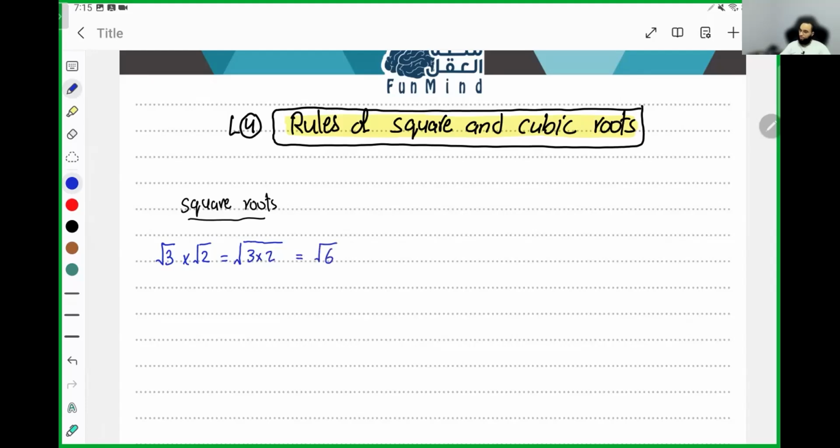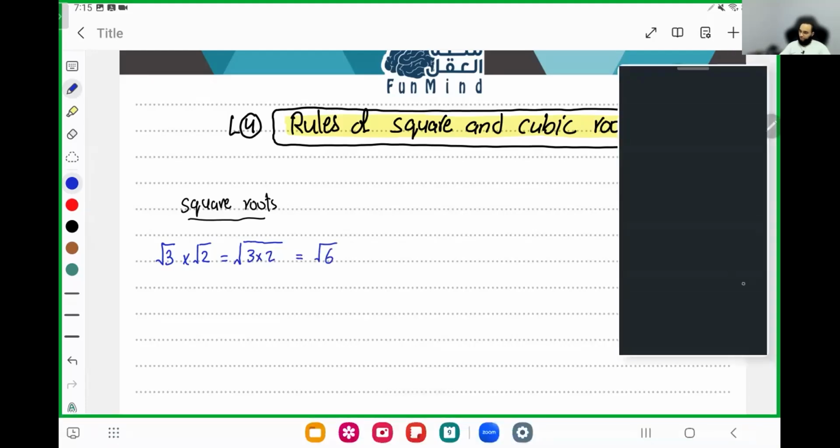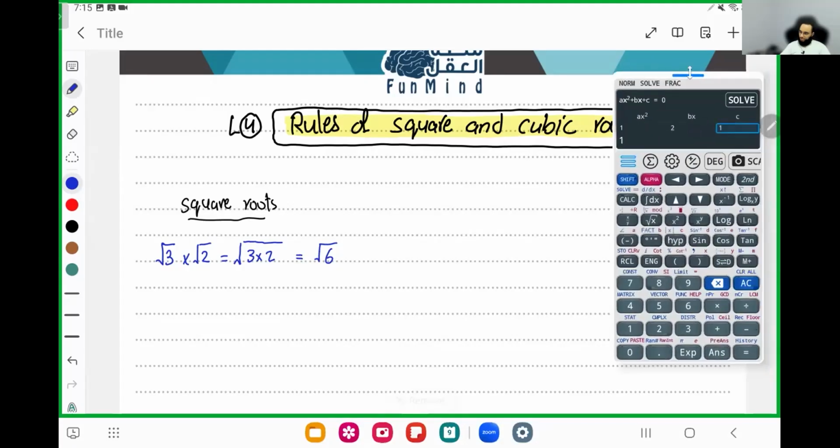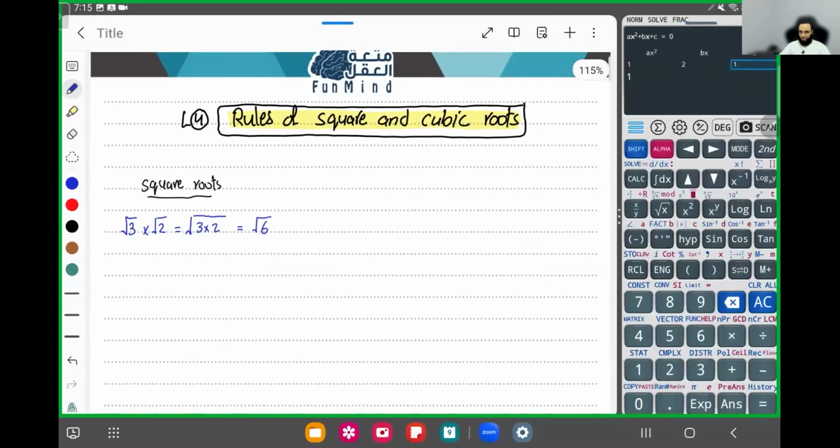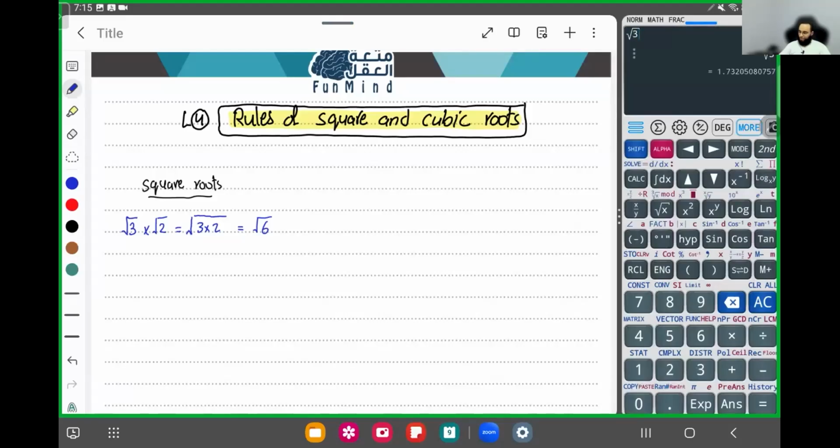You can do it with the calculator. Let's check. So root 3 times root 2 equals root 6 with the calculator. Check it with your calculator.